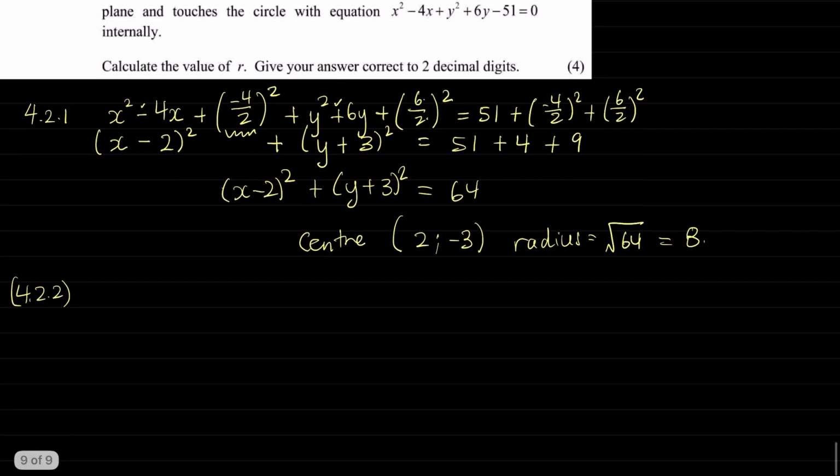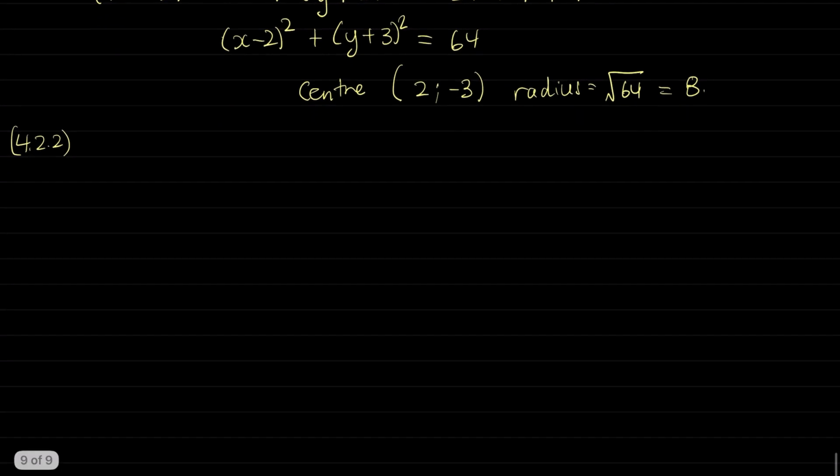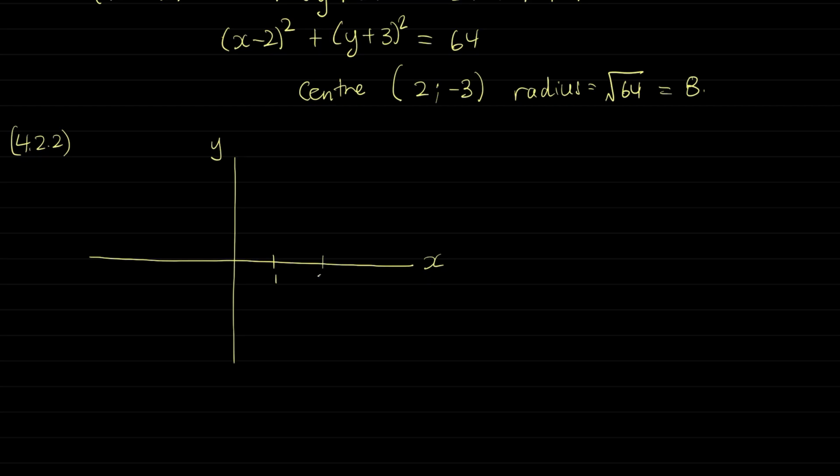Okay, so what I'm going to do is I want to just sketch this out just to have a visual representation of what's going on. So if this is my Cartesian plane, that's x, that's y. Now this is going to be a sketch, so it's not going to be entirely accurate. That's 1, that's 2, that's minus 1, that's minus 2, that's minus 3.